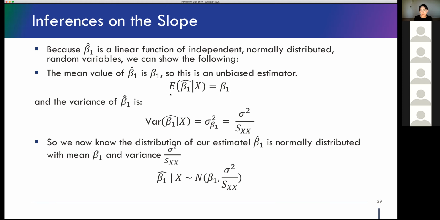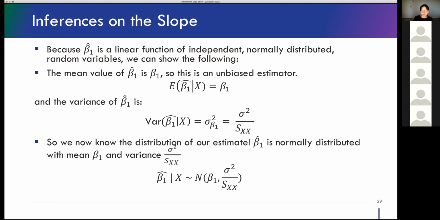I just removed the proof of why this expectation equals beta 1, but this is true, just believe me. And the variance of beta 1 hat is like this. There are long formulas to derive this, but for now just believe me, this is the variance of your estimate.